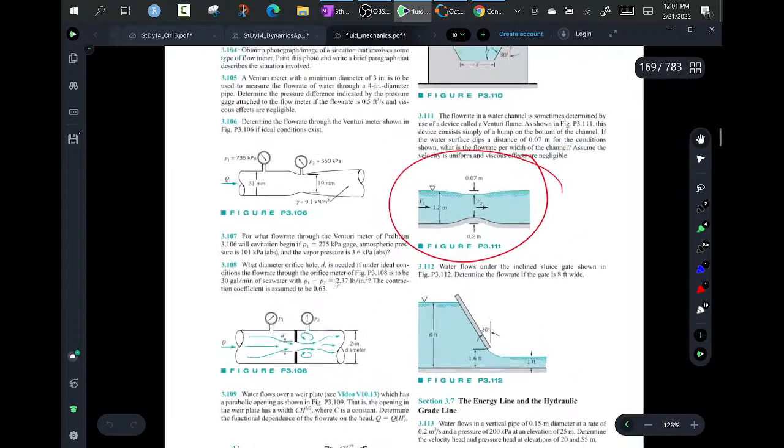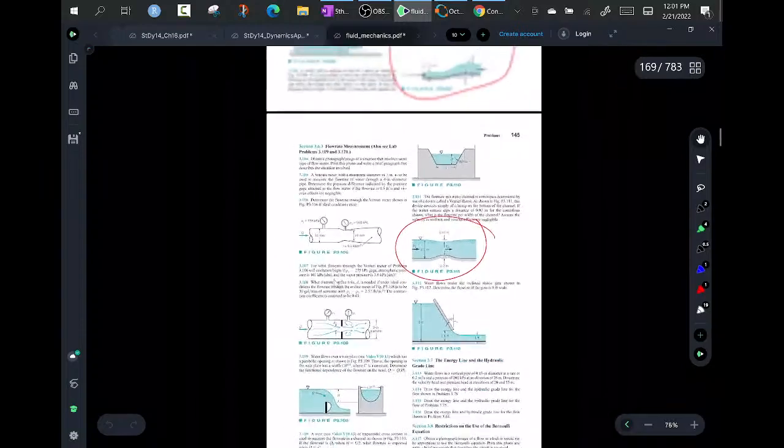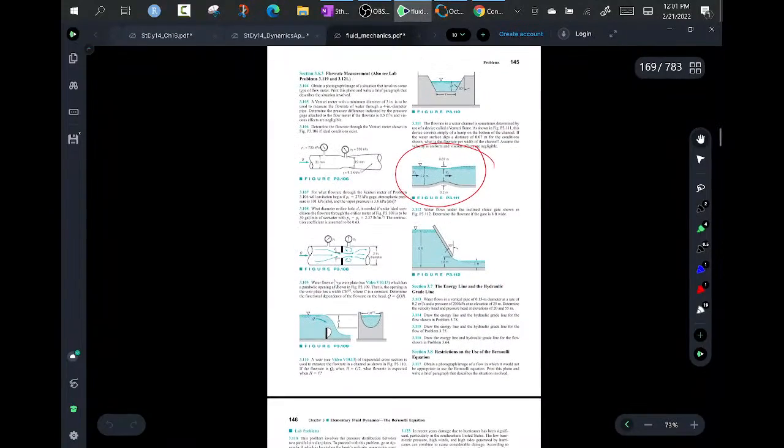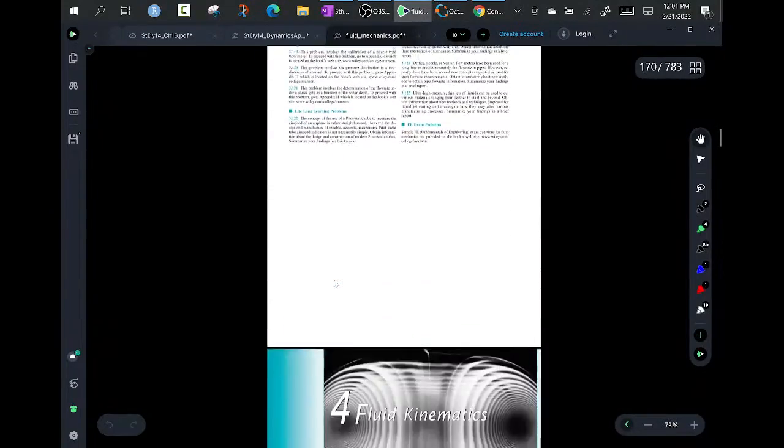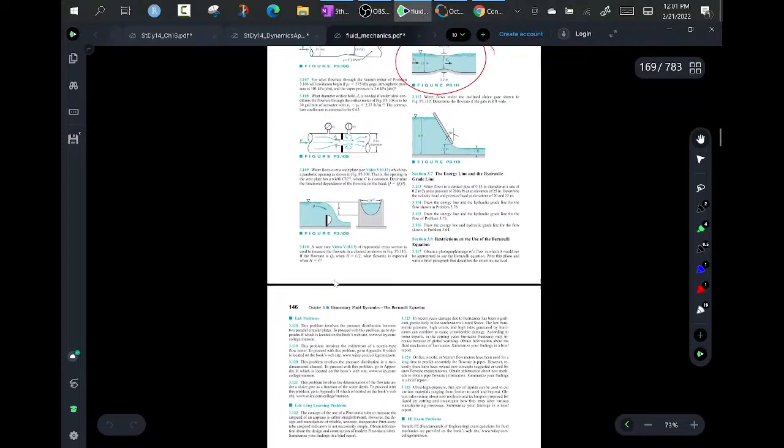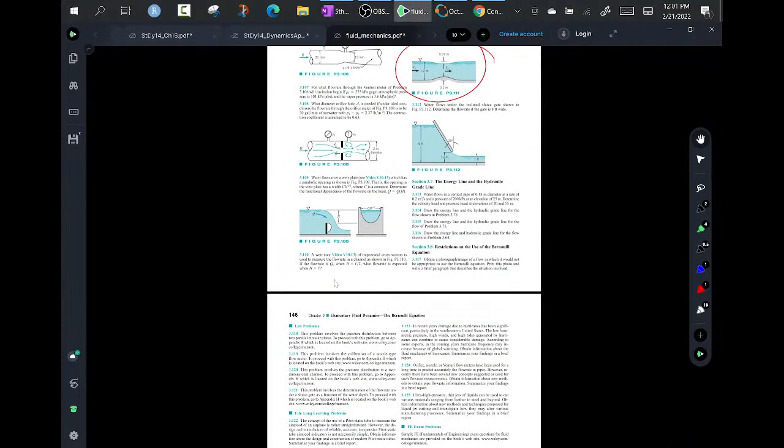Get at these problems. But what I wanted to do is look at a particular problem here, and I'm just going to make up my own.